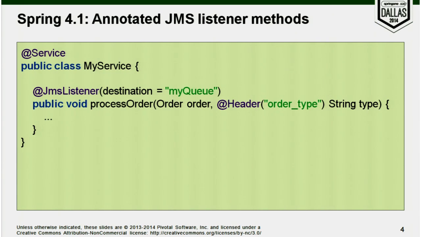The annotated JMS listener story is basically as you would expect it to be. We have been establishing principles for how an annotated endpoint style typically looks in the Spring world, and the JMS listener model here is basically exactly a translation of those principles, of those design styles to the JMS world. It builds on the messaging module, so it's also very similar to the Stomp endpoint model that we introduced in Spring 4.0.